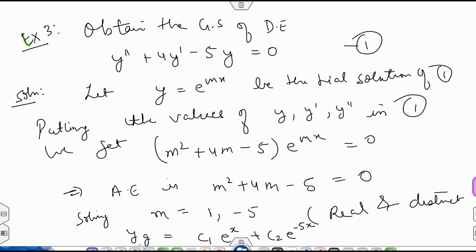You can easily see that here we have two distinct and real roots, so this falls under case 1. Like m1 is 1, so this is e to the power m1x and this is e to the power m2x. So this will be your general solution for this differential equation.